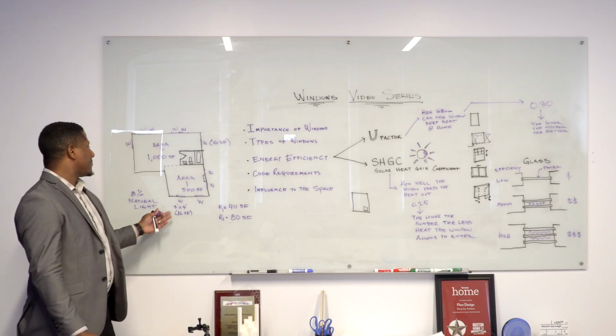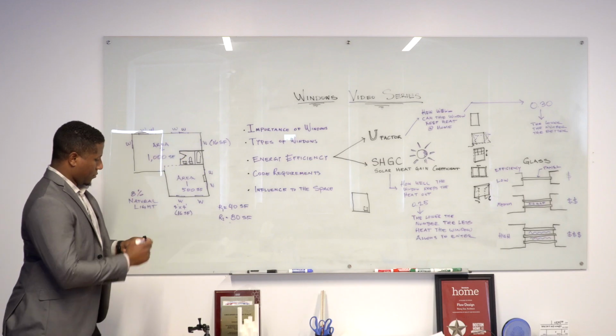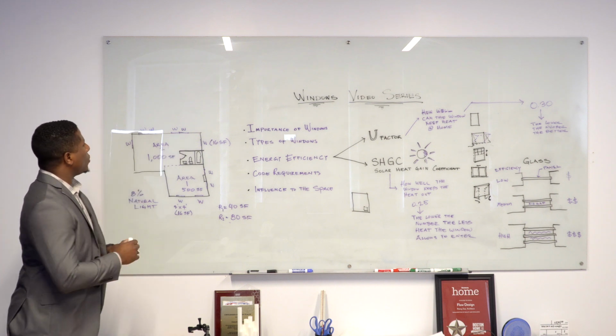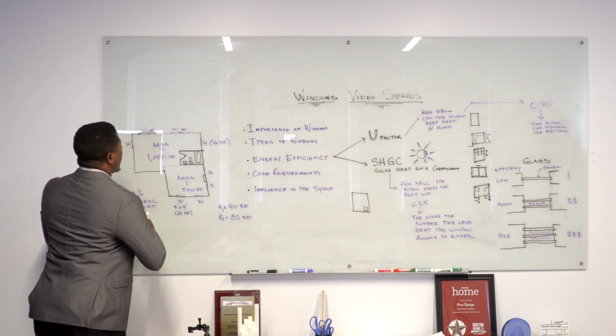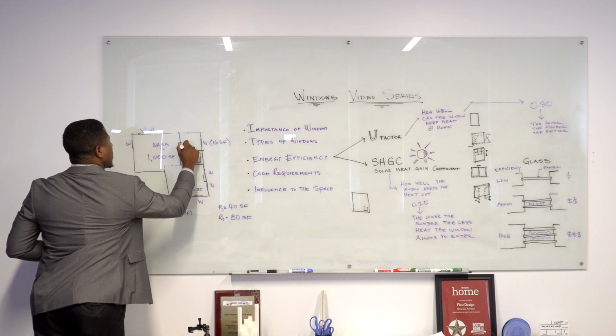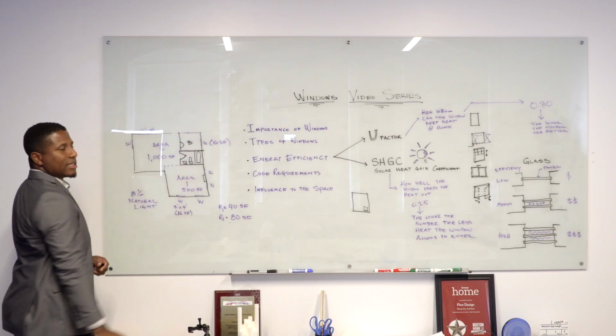Or you can say, I might do a bedroom in here. I'm thinking about doing a bedroom in there. Now that area is much smaller.